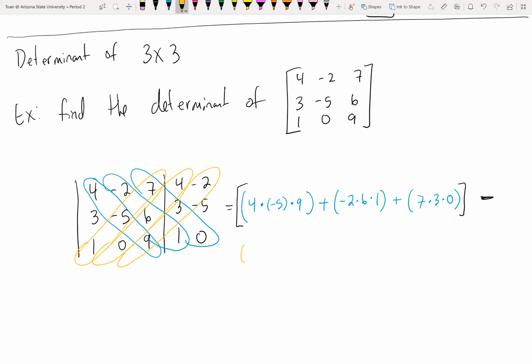Within the diagonals you multiply, but since we have multiple diagonals, you add them together: 1 times -5 times 7, plus 0 times 6 times 4, plus 9 times 3 times -2. And just as with the blues, I want to group all the yellows together. That's how you find determinants. And then, of course, you do the math, add and subtract and so on.